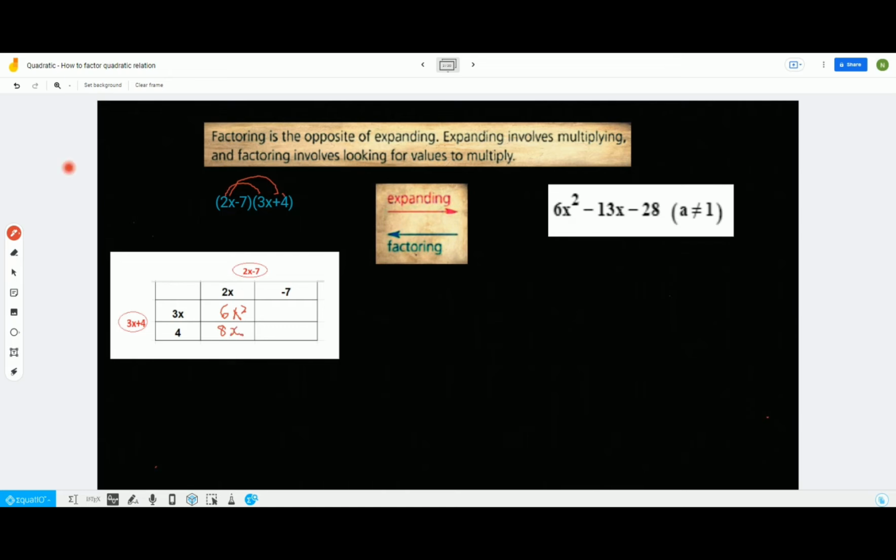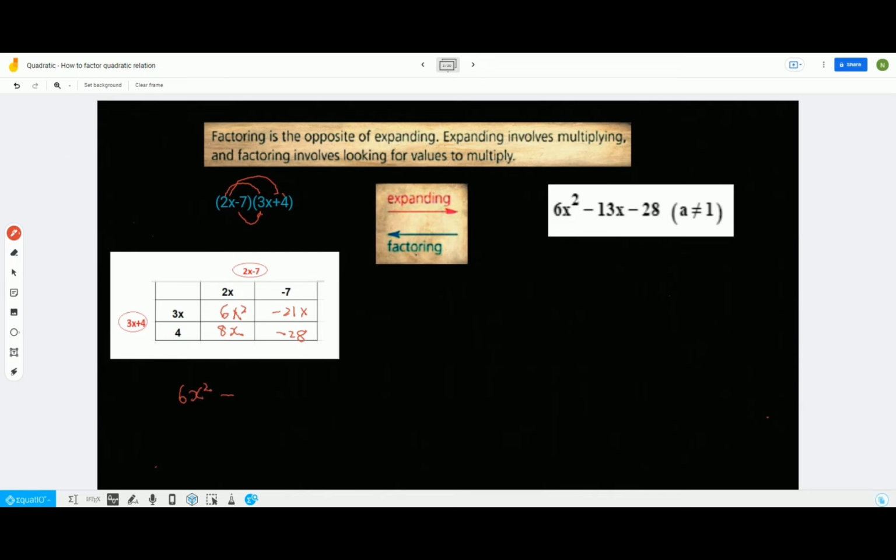Then negative 7 times 3x is negative 21x, and the constant times the constant is 4 times negative 7, which is negative 28. So we get every single term, with only one x squared term.